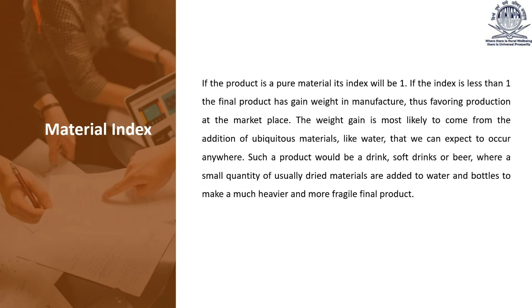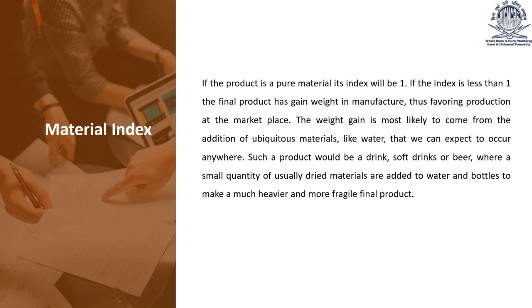Next is material index. If the product is a pure material, its index will be 1. If the index is less than 1, the final product has gained weight in manufacture, thus favoring production at the marketplace. The weight gain is most likely to come from the addition of ubiquitous materials like water that we can expect to occur anywhere.